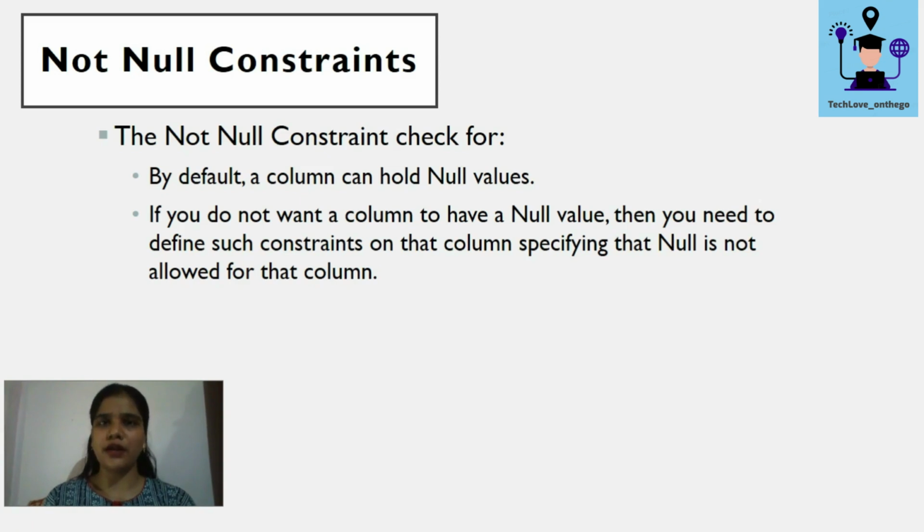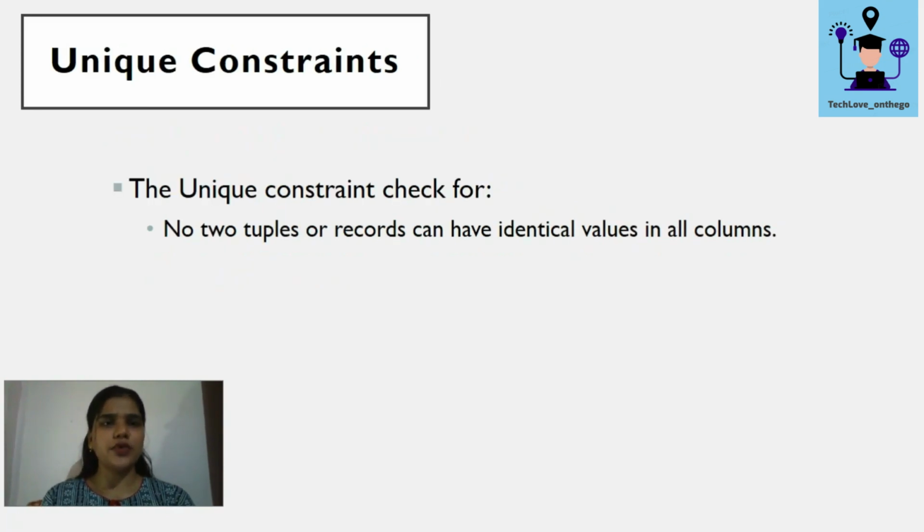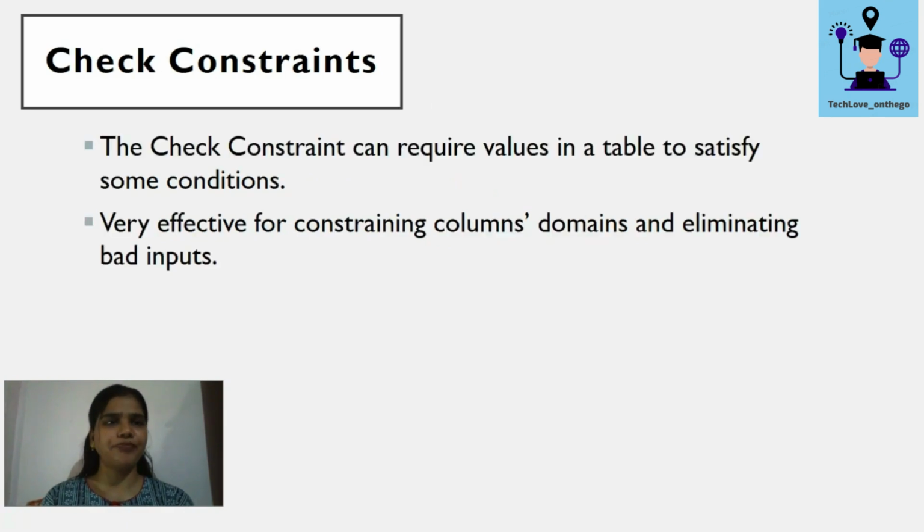In that case, that attribute will not contain any null value. Next one is unique constraint. It checks that no two tuples or records can have identical values in the column. So on whatever attribute you are applying this unique constraint, in that attribute no two values can be the same.